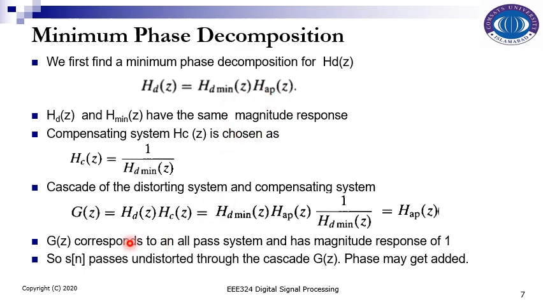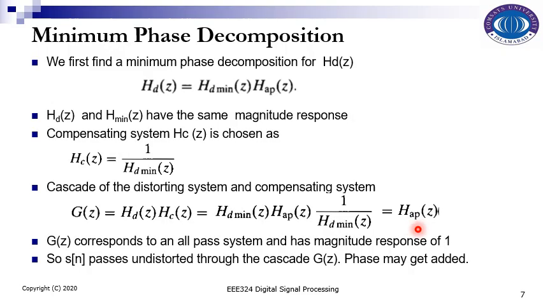So instead of HD of Z, we have HD min Z into H all pass Z. The compensating system we have chosen as the inverse of the minimum phase system, that is 1 over HD min Z, and all these system functions are multiplied, because as we know, for systems in cascade, their system functions get multiplied, and the overall system function that we are left with is that of an all pass system.